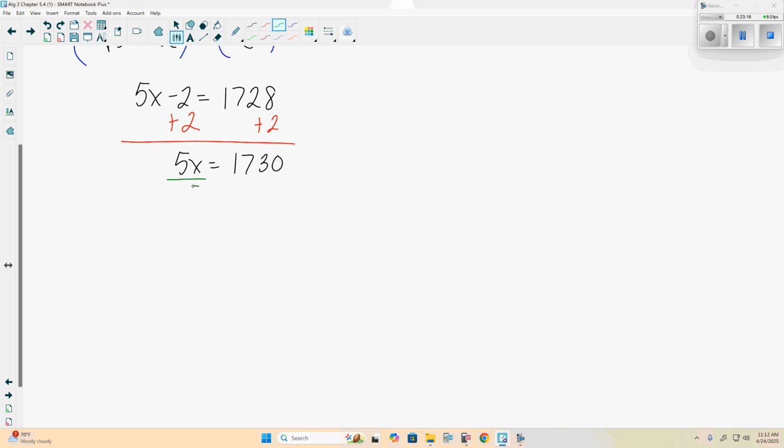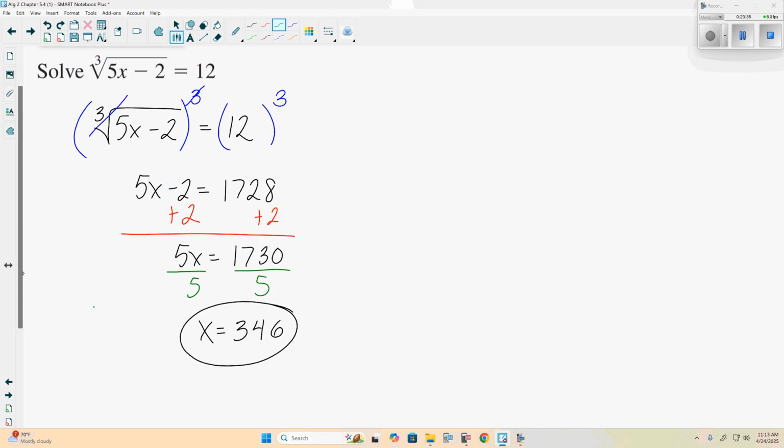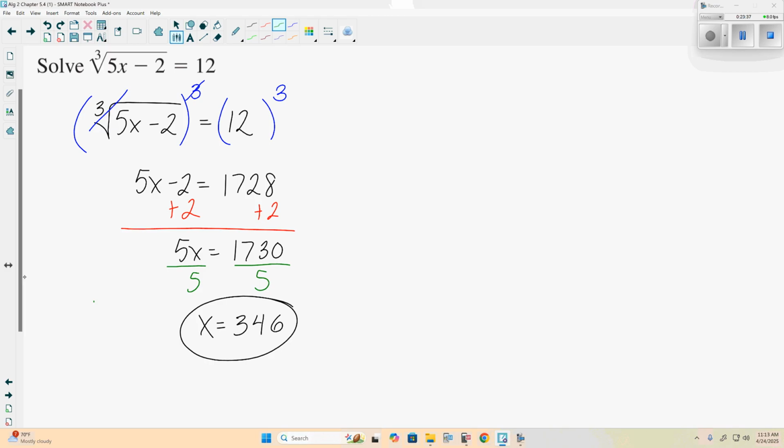Then we would divide by 5, telling us x is equal to, I believe it would be 346. And that's it.